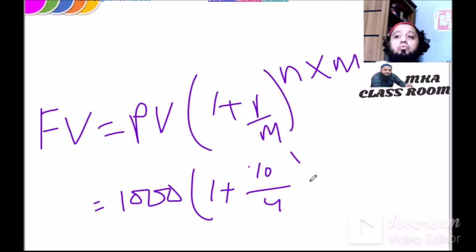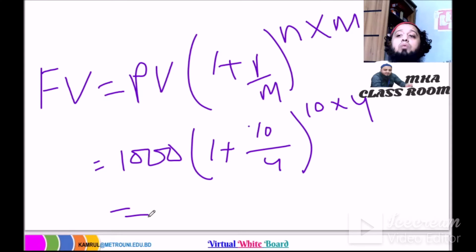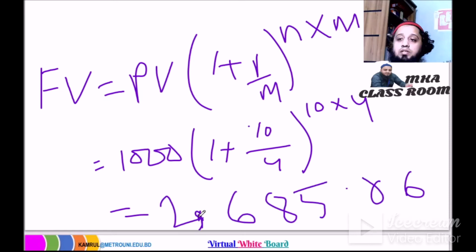So, if we solve it in our calculator, 0.10 divided by 4, plus 1, power 40, into 1000. The answer is 2685.06.